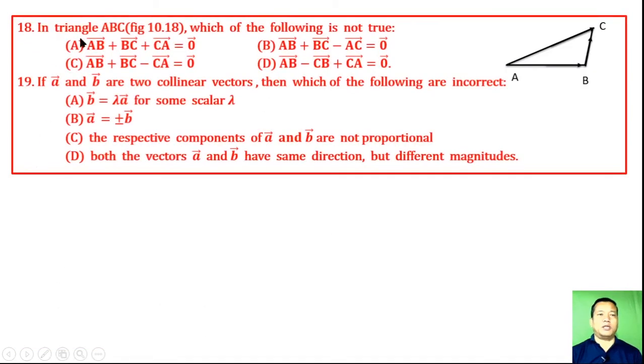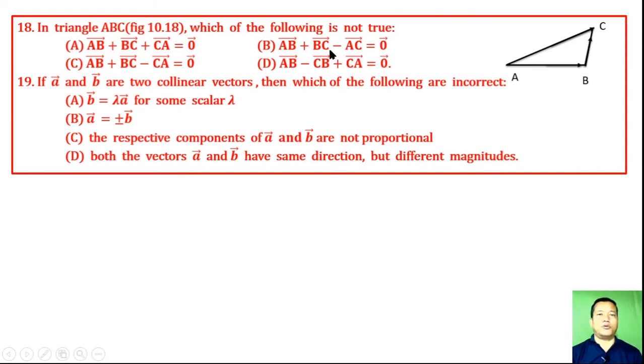Question number 18. In the triangle ABC, figure 10.19 is in this picture. Which of the following is not true? AB vector plus BC vector plus CA vector equal to 0 vector. AB vector plus BC vector minus AC vector equal to 0 vector.